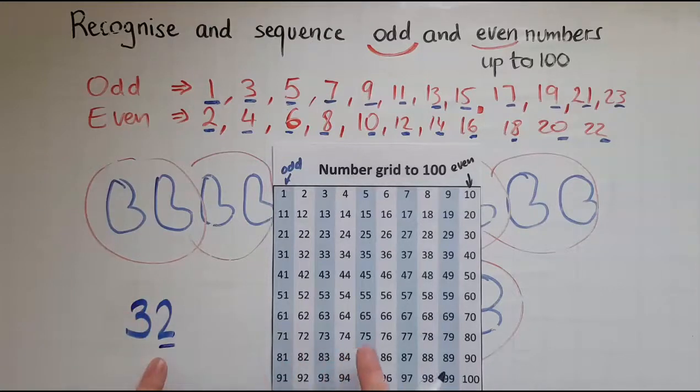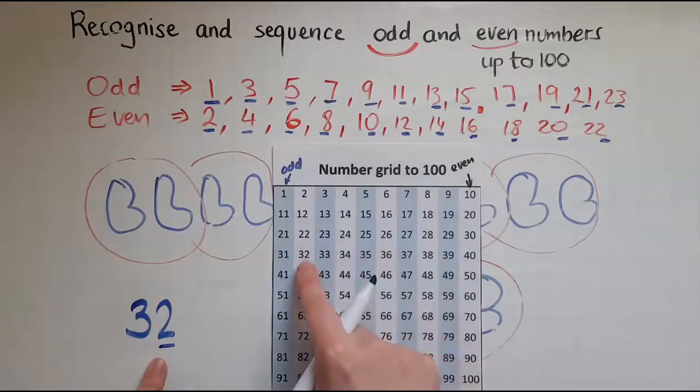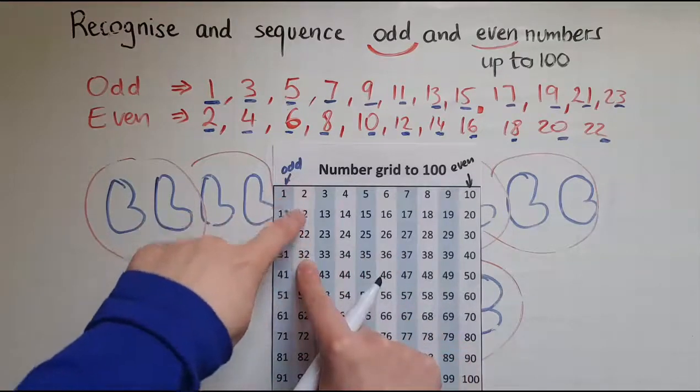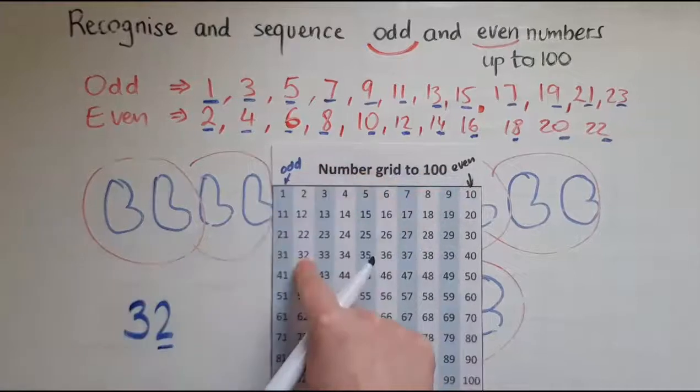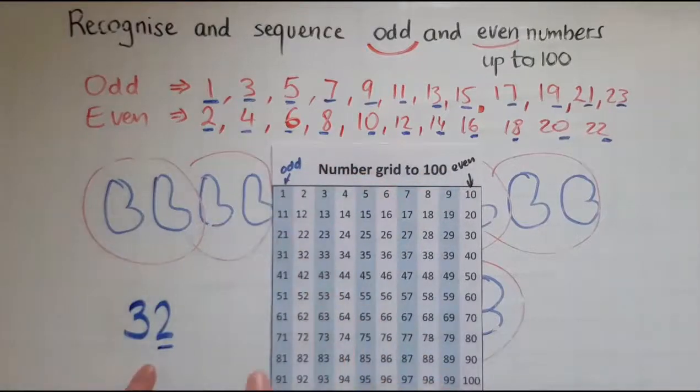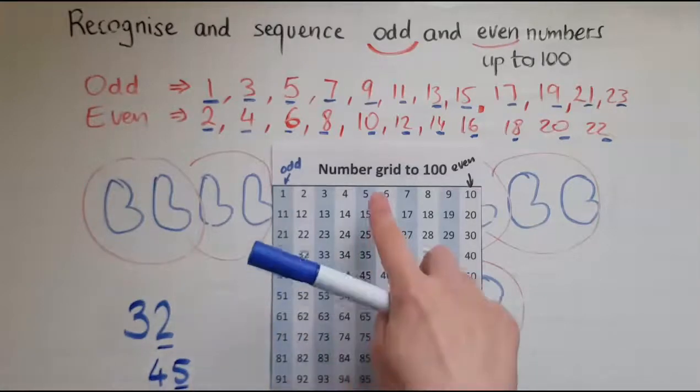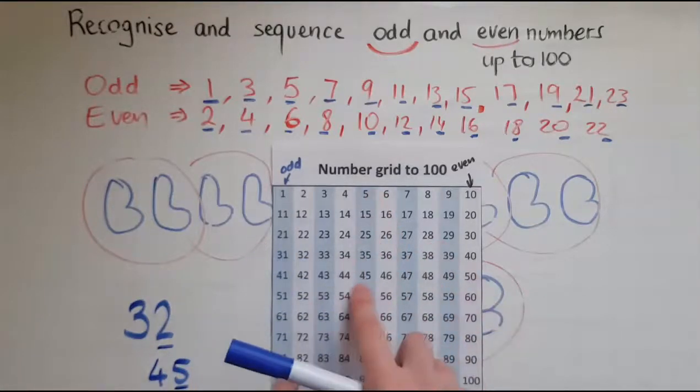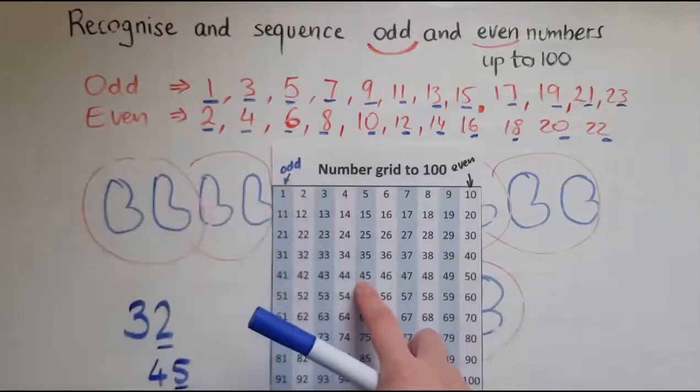Let's check it here. We've got number 32 and it is even in the white columns. Let's say number 45. Look at the unit, that's a 5. So 5 is odd, so number 45 is odd as well. Let's have a look. We've got 45 and it is odd.